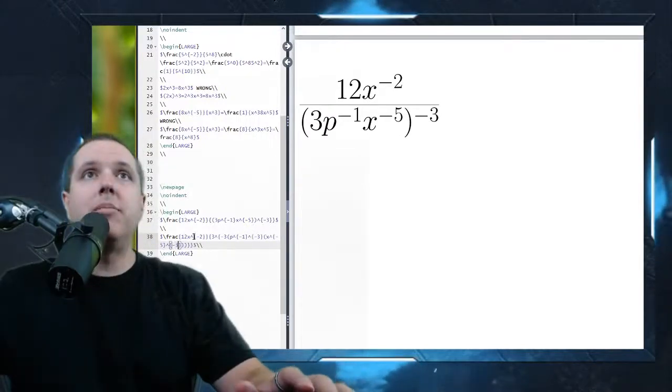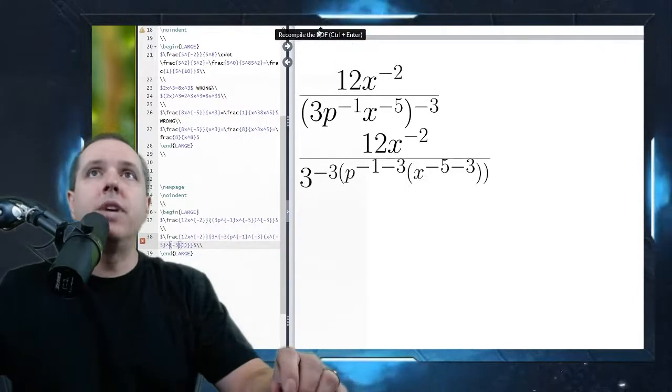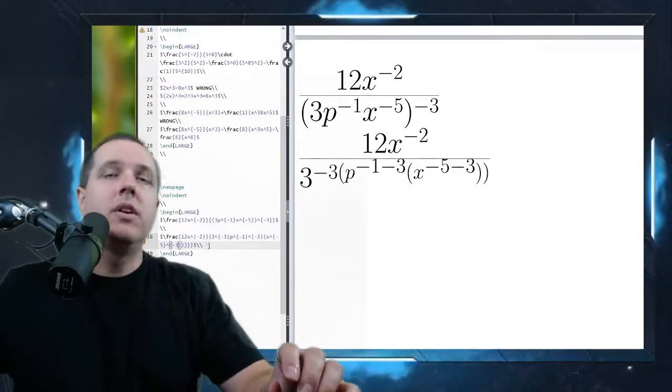Let's see if I messed that up bad. Yes, I did. Okay. Let's see. 3p to the negative 1 to the negative 3.